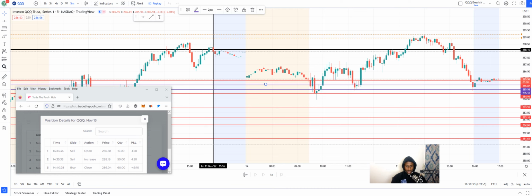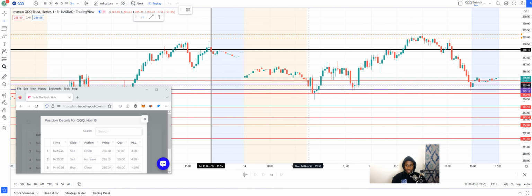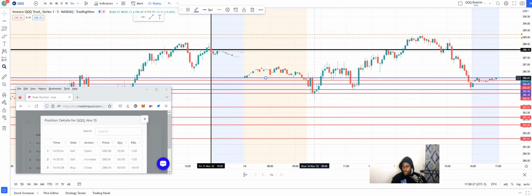So I closed the trade at 9:40 at 286.04, and let me see if I can find that on the chart. These are 5-minute candles, so this would be 9:30, 9:35, 9:40. 286.04 is very close to here, right on top of this candle, I'd say.